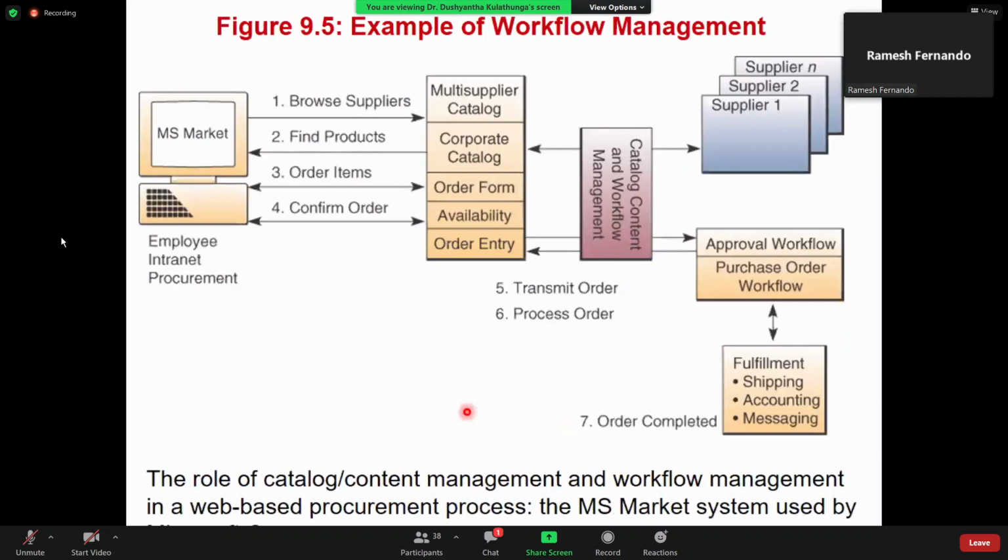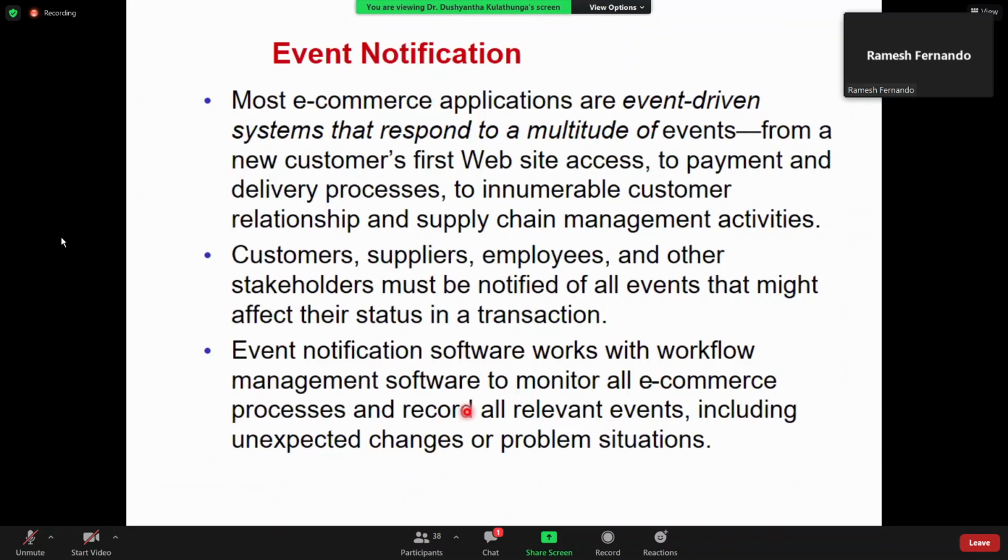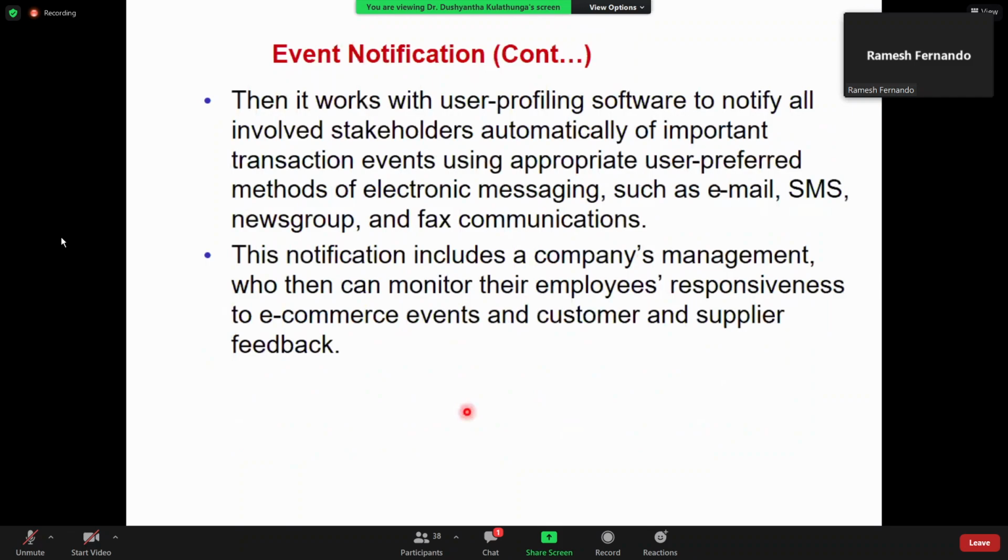Yeah, okay. And the next slide, the event management last slide, the notification. You said that electronic messages such as email, SMS, fax communication. Is that also part of e-commerce? Sometimes when we log in to websites, after that they send messages and emails saying that there are conferences, meetings like that.